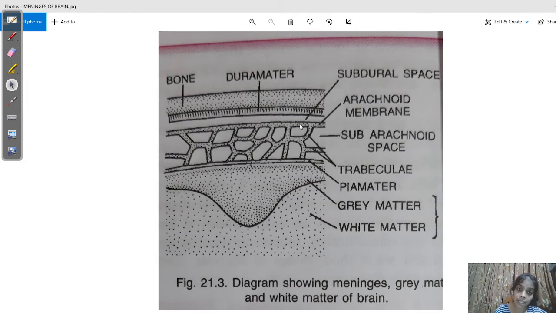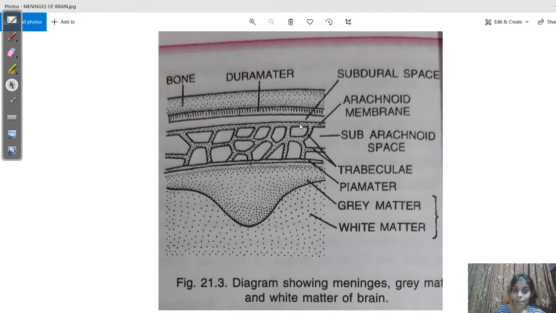Another function: since CSF is a fluid, it contains certain usable materials. It carries oxygen, nutrients, glucose, amino acids, and to some extent sodium, and to some extent urea is also there.